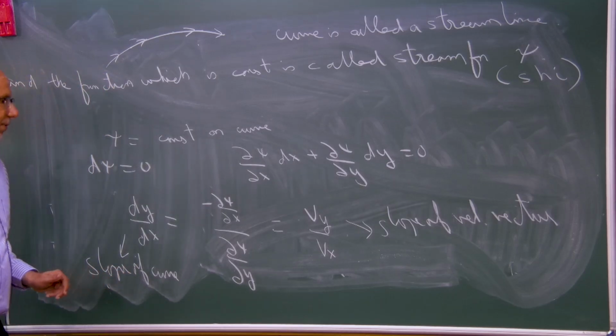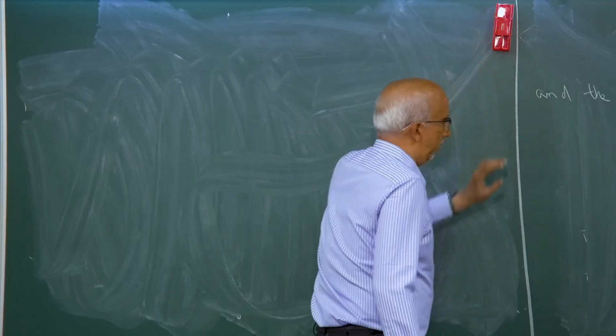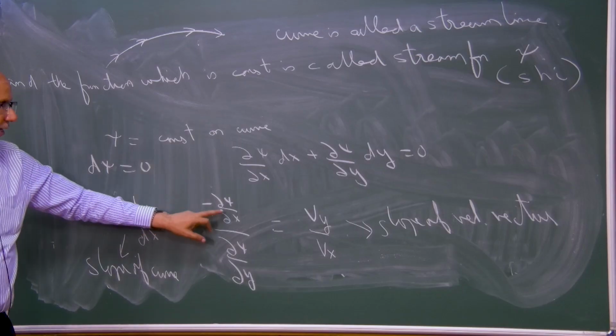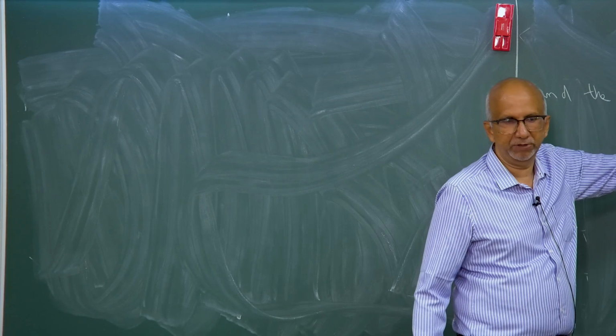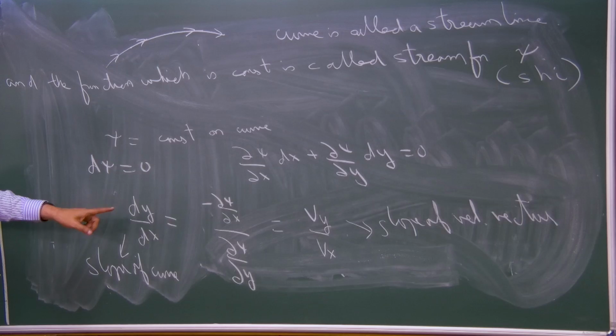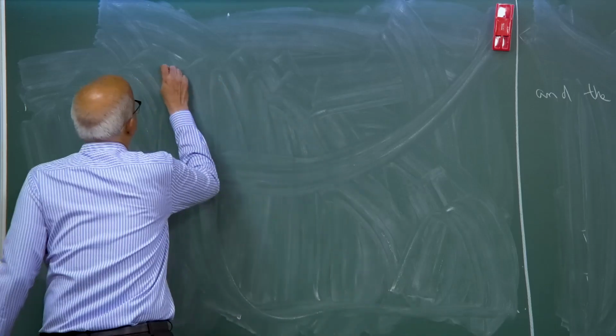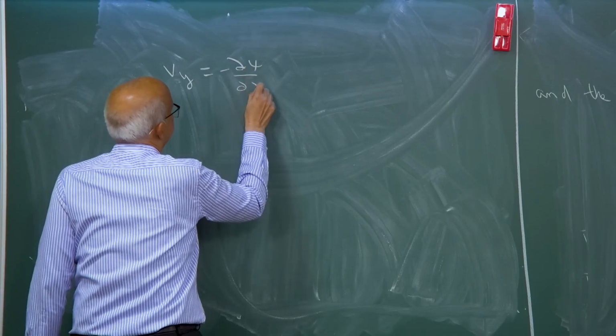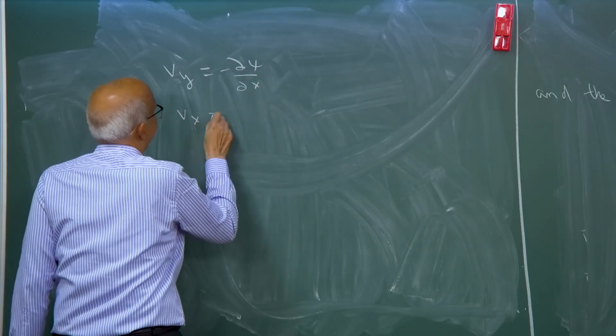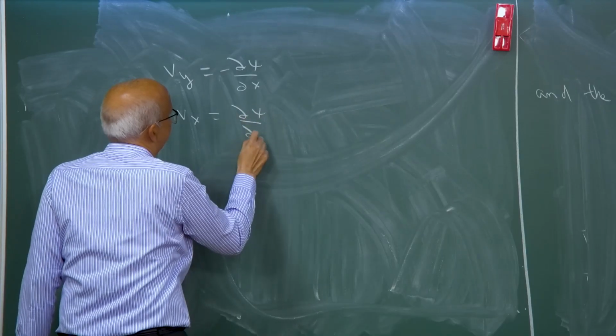So, my job is to find psi, right. I told you about this great function called the stream function; we need to find out what psi is, and what the relationship is between psi and the velocity vector. I am going to use this. So, Vy is defined as minus d psi by dx, and Vx is defined as d psi by dy.